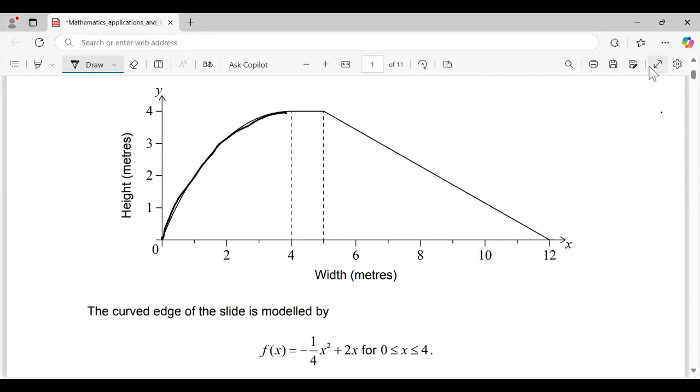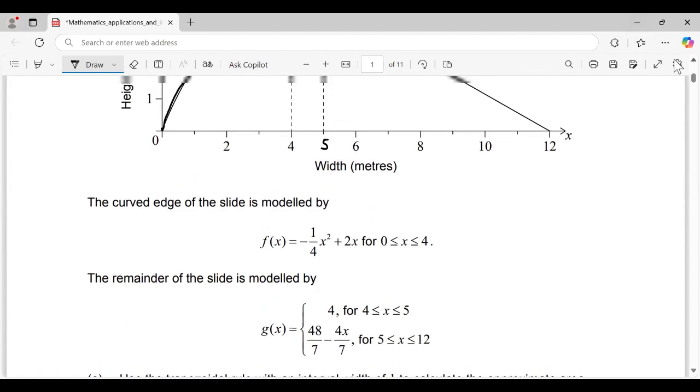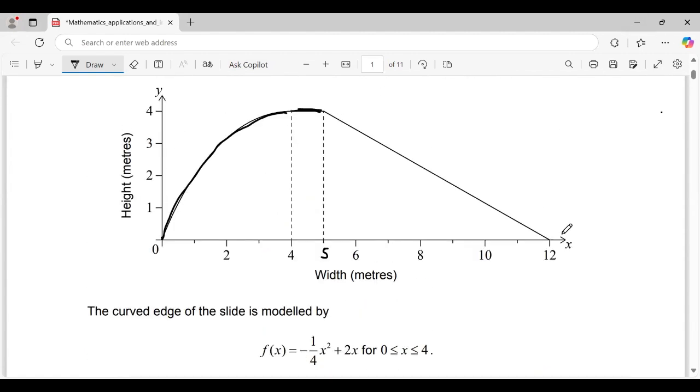So 4 to 5, this is 5, 4 to 5 is 4. Meanwhile, for x in the interval 5 to 12, this is the function. This one.